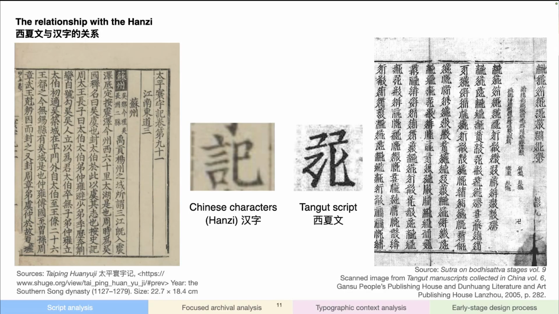You can see the similarities of these two scripts. Because of this, this thesis begins by introducing basic Hanzi concepts, such as how many types of strokes, composition structures, and stroke order, and then compares them with the Tangut script to see what's similar and what's different.